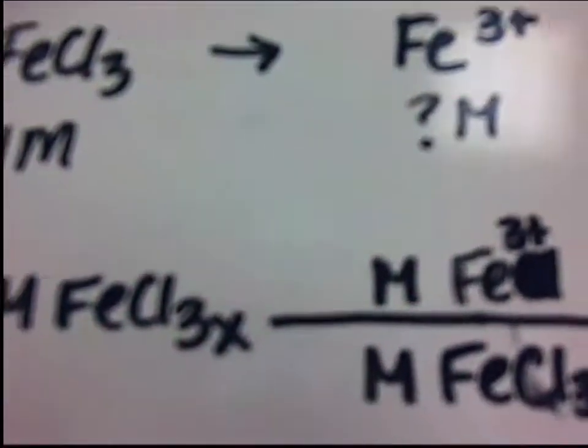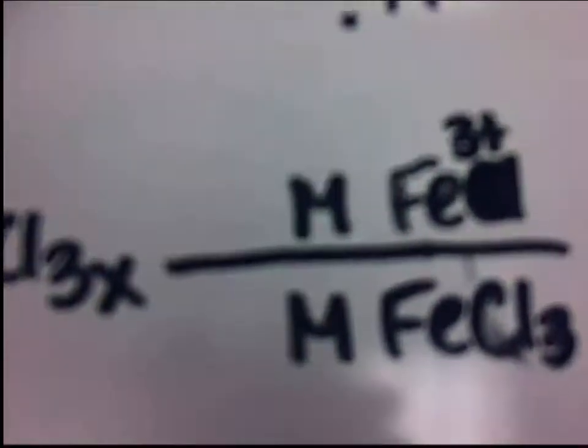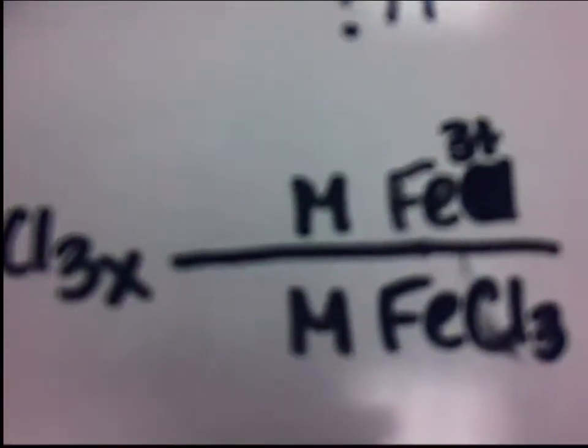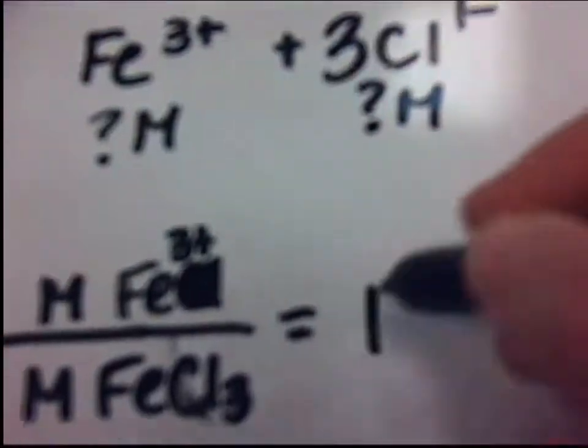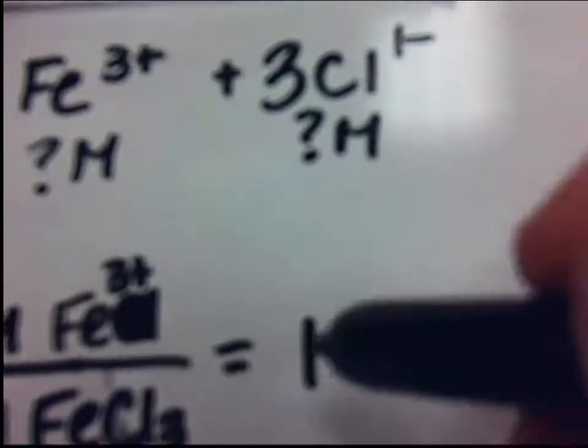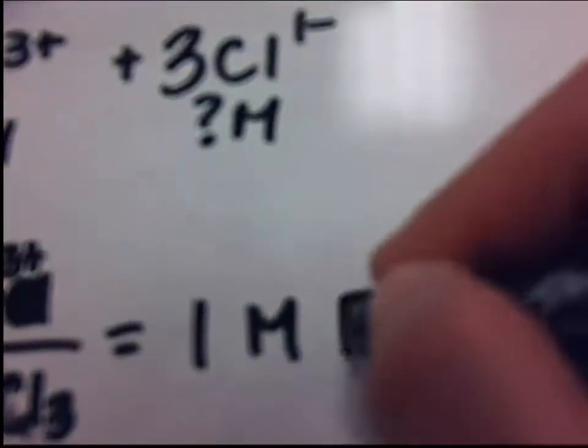And then our numbers, of course, come from the coefficients in our original equation. So we go back up, we look, they're both 1s, so that's what we're going to use to get our final answer. And so notice they're all 1, so we multiply by 1, divide by 1, so it just so happens that our answer turns out to be 1 molar Fe3 plus.